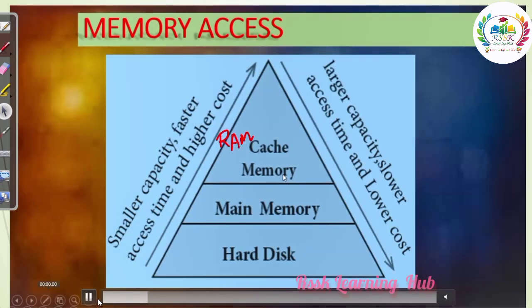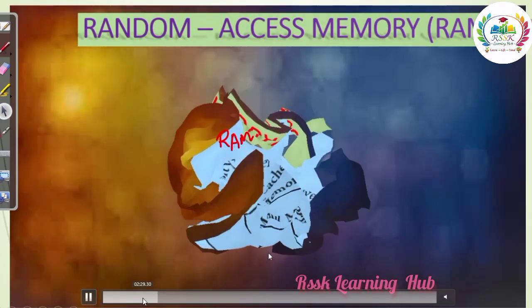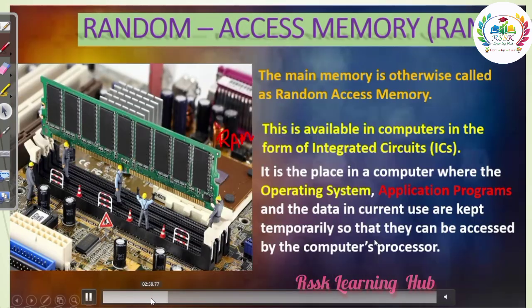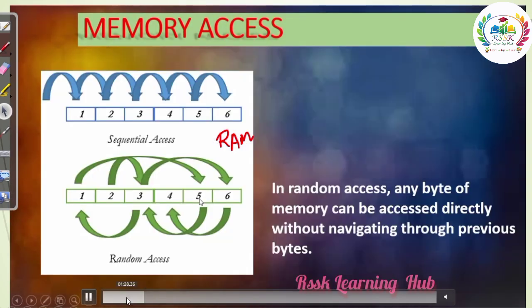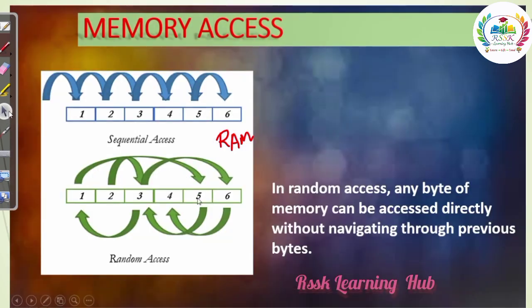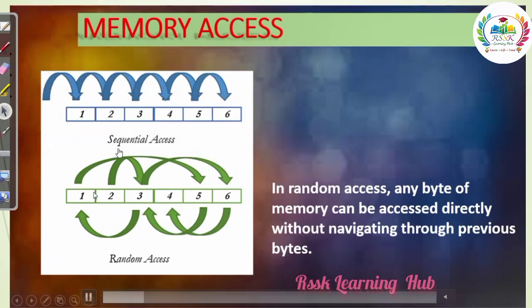Inside this memory we are going to learn the parts of your memory and how the values get accessed. I will show you. So this is the thing. Here sequential access means one after another access. Random access means it can access in either order without navigating through the previous byte.